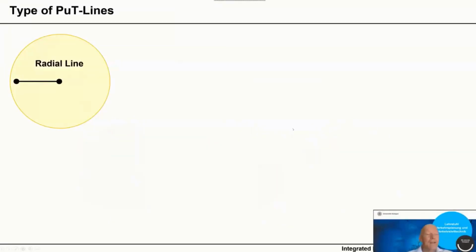Now, whenever I give lectures, I distinguish certain types of public transport lines. I want to share that with you, and then I will briefly discuss how realistic those typical line routes are. A very common concept is radial lines, and the second common concept is diametric lines.